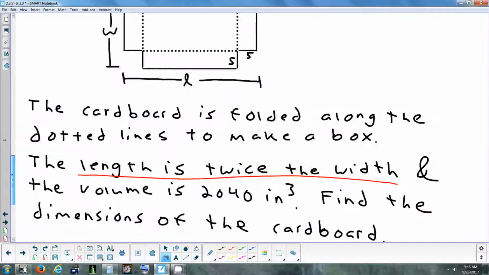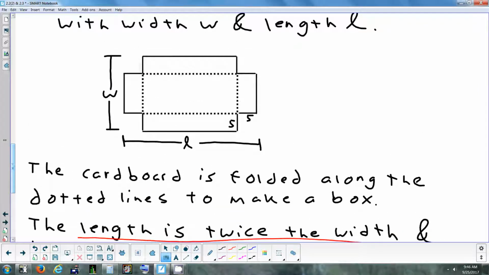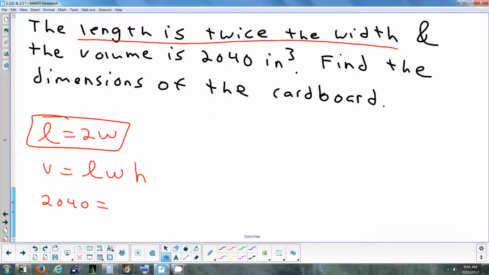Now let's find the length. Now remember, it's not the length of the original piece. I'm talking about this. What's the length of that line I just drew? In red. Yeah, it would be length minus 10.